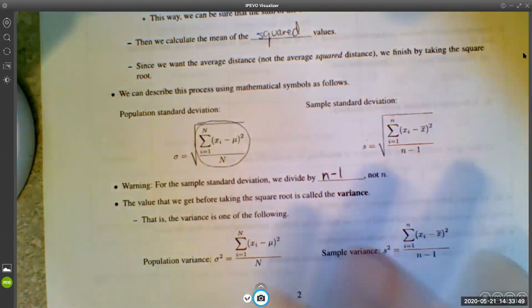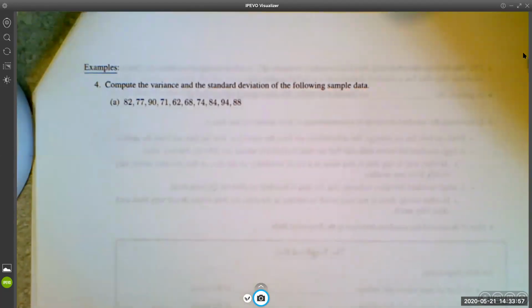So at this point, your head is probably swimming a little bit, and you're probably like, I have no idea what's going on. What are we even talking about? So let me give you a couple examples, and then it'll hopefully be a little bit more clear. My main reason for walking you through that previous page was just that I want you to understand conceptually what the standard deviation measures, okay?